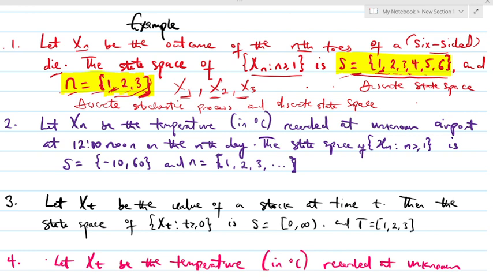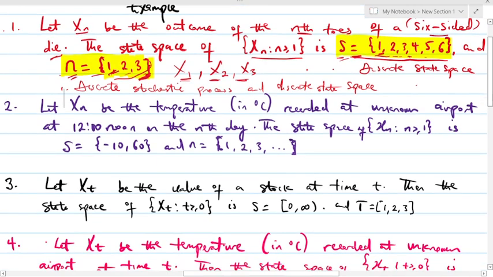So that is the first classification of stochastic process, based on the value of X and then on the value of n. Please take note of that. So let's share the second example.